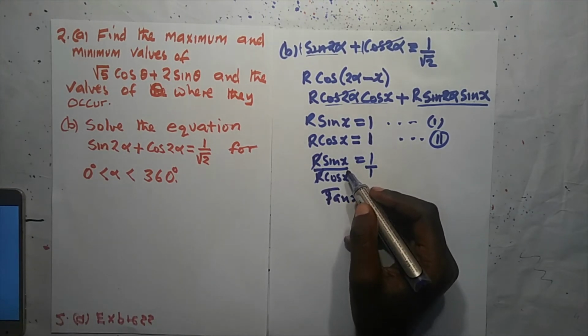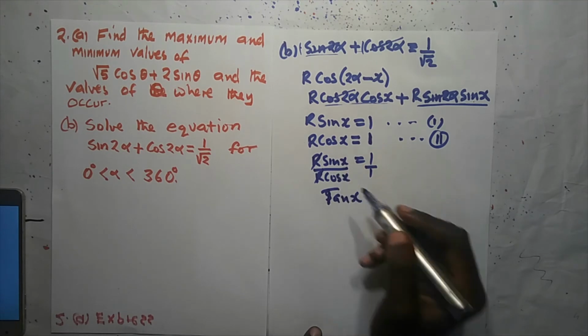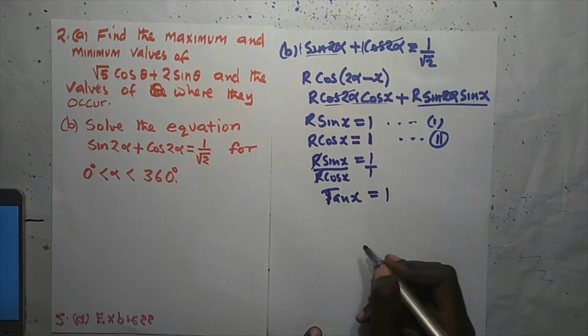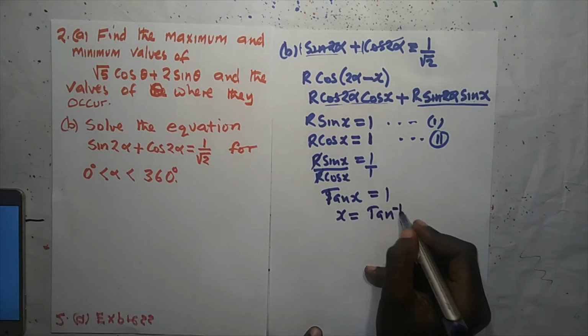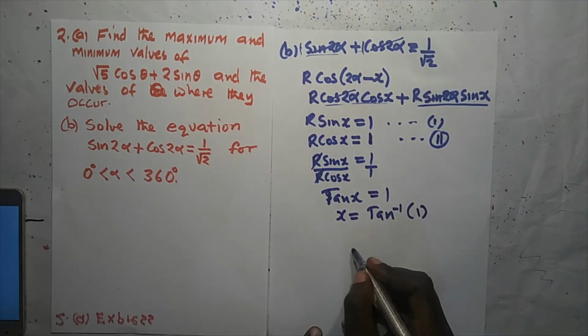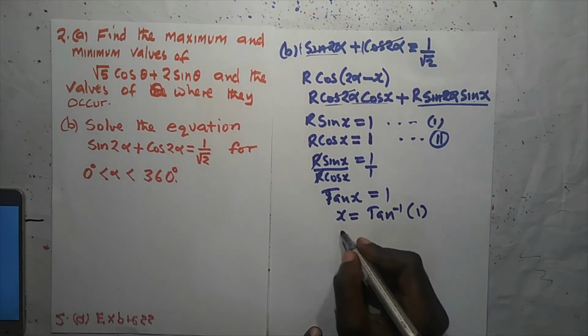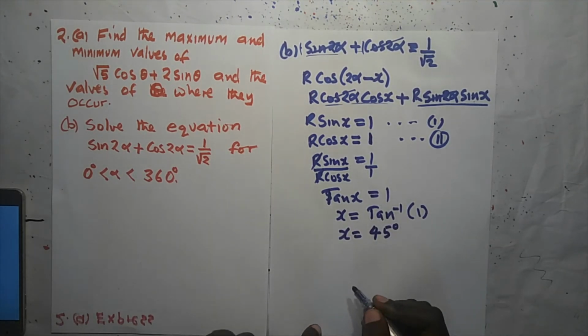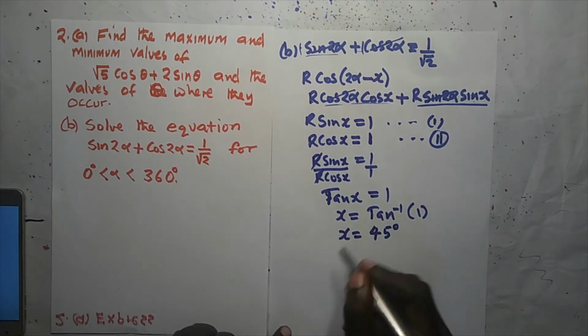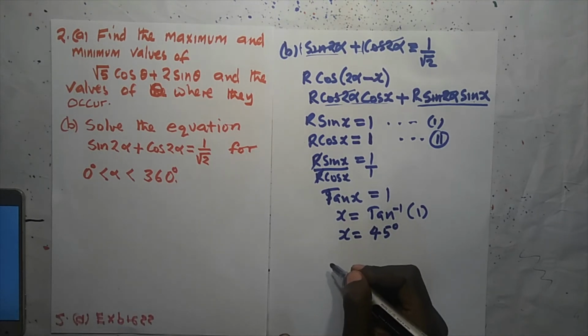Remember the identity for tan is sine over cosine, and this is equal to 1 here. And so x is going to be equal to tan inverse of 1. Okay, this one is a special angle. x is equal to 45 degrees, and then now we can find our r.